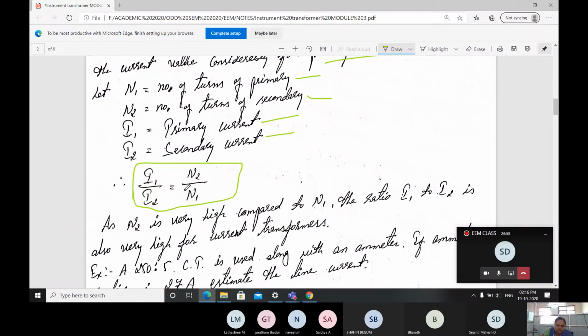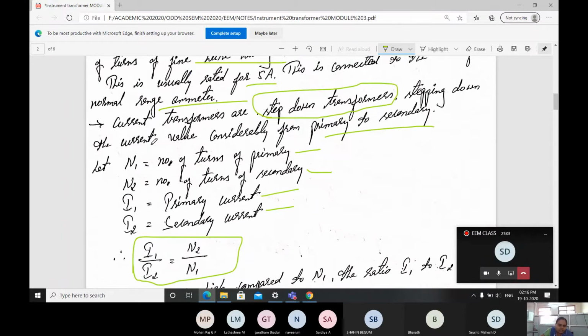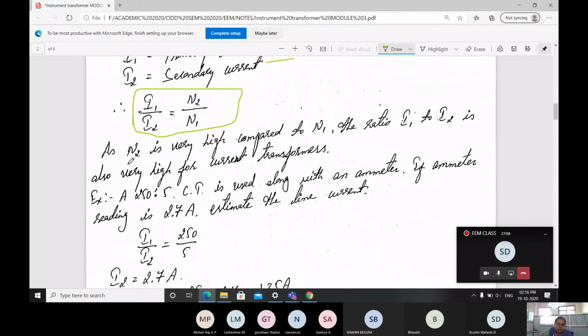I is inversely proportional to N in current transformers. Therefore, as N2 is very high compared to N1, because the number of turns in the secondary is more, the ratio of I1 to I2 is very high for the current transformers, because N2 is in the numerator.